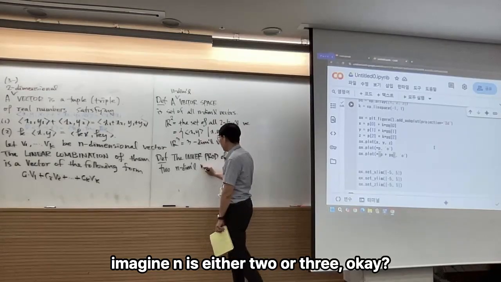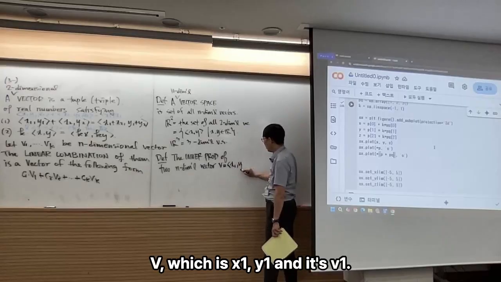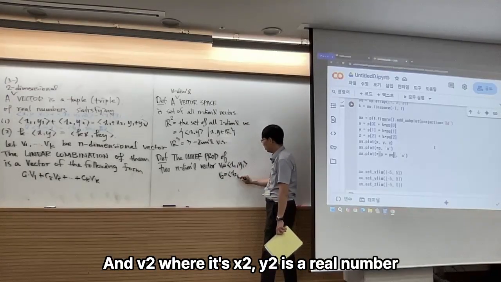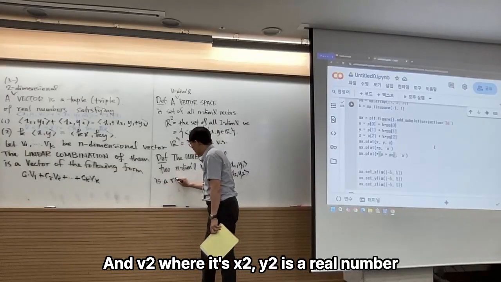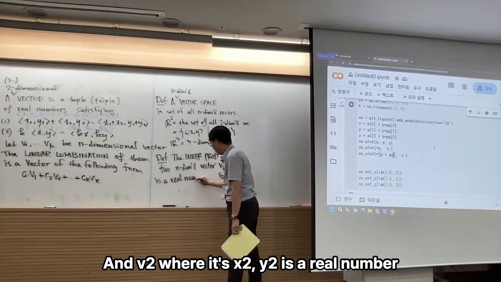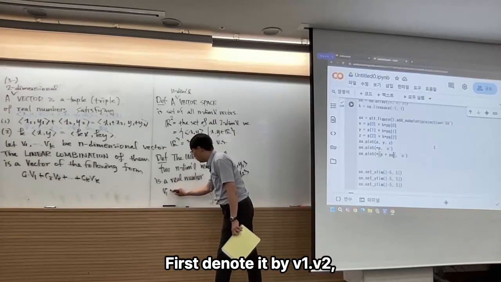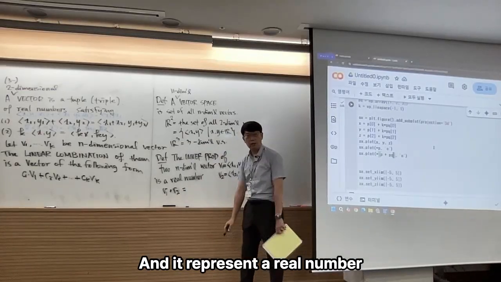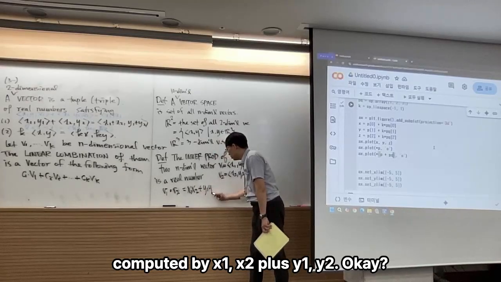So v1, which is x1, y1, and v2, which is x2, y2, the inner product is a real number, denoted by v1 dot v2. It's just a notation, and it represents a real number computed by x1 x2 plus y1 y2.